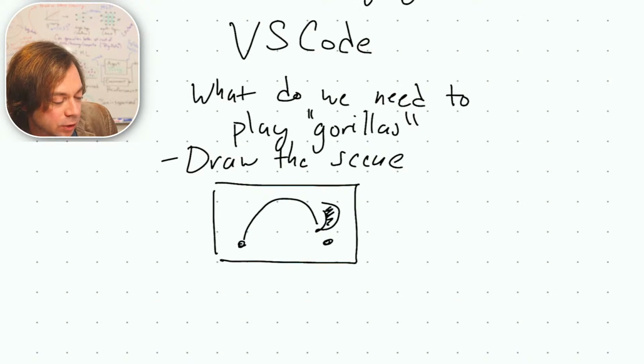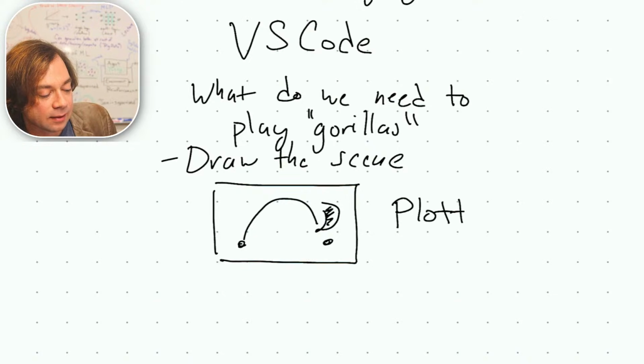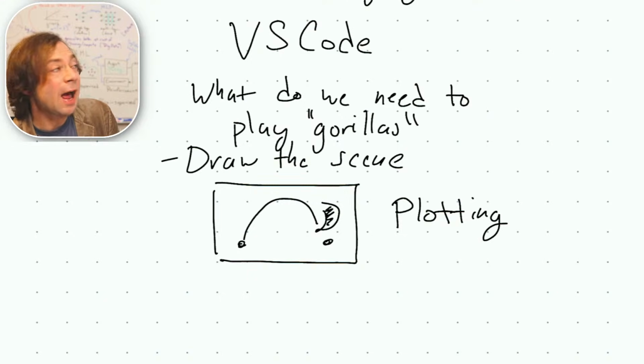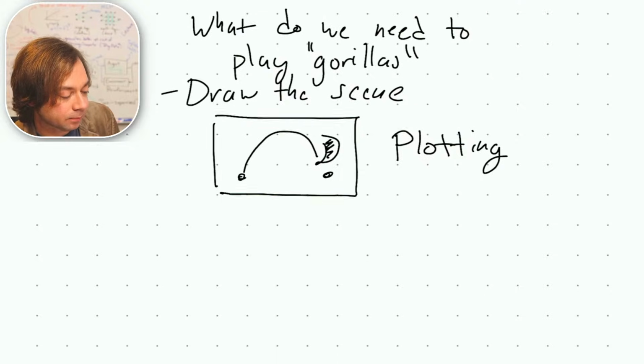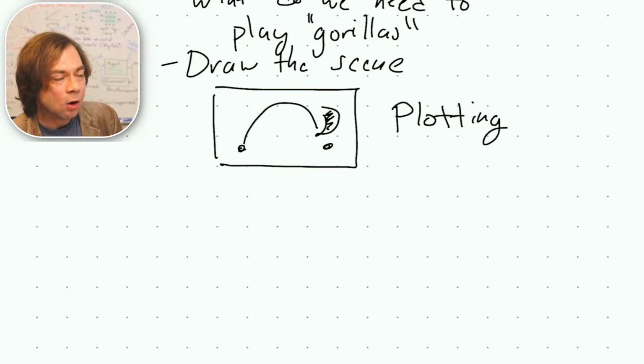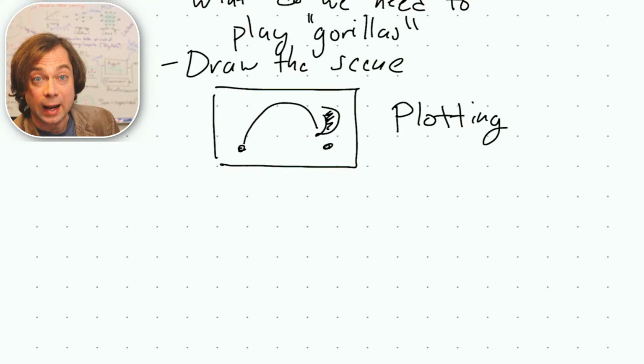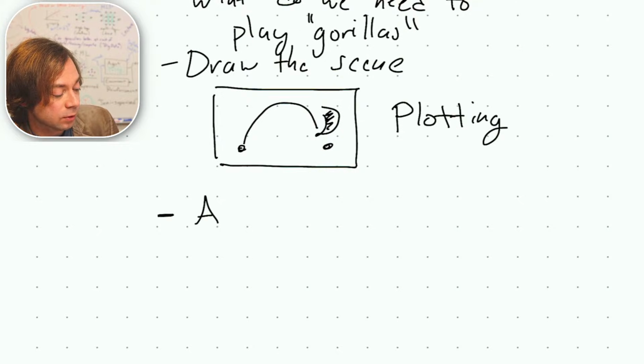So to draw the scene, we're going to use plots, or plotting, or graphing, as it might be colloquially known. We're also going to be plotting a whole bunch of points in what we call an array. So we need something called arrays.